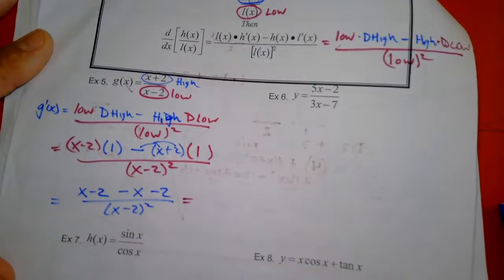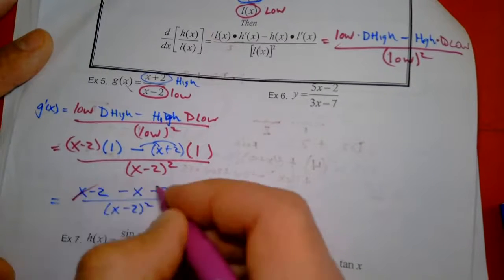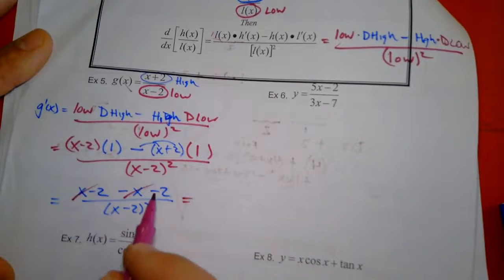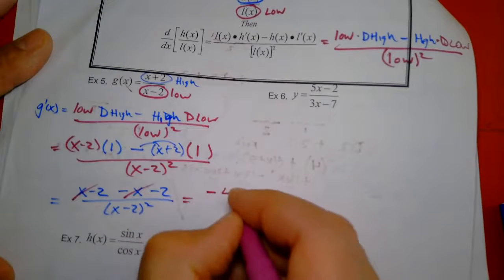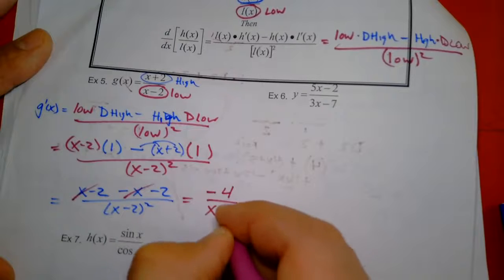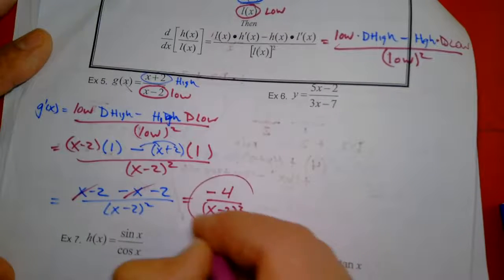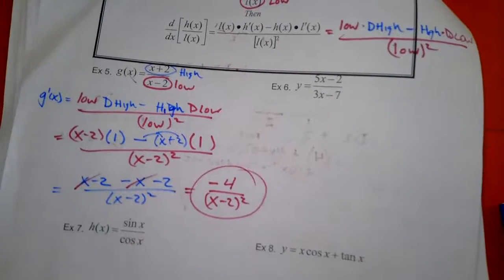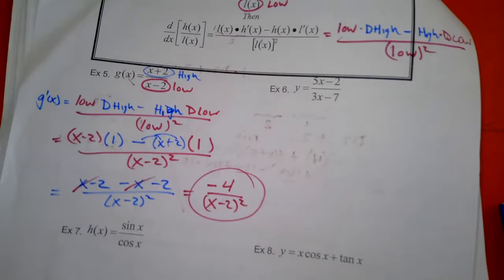Simplify. What happens on top? The x's cancel, x minus x cancel. I get negative 2 minus 2 is negative 4 all over x minus 2 squared. So that is the derivative of that function using the quotient rule.